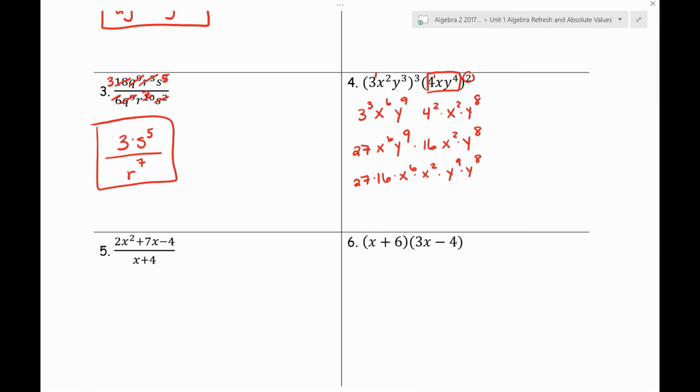Okay, so 27 times 16 gives me 432, I believe. And x to the 6th times x squared gives me x to the 8th power. While 9 plus 8 will give me 17, so that's y to the 17th power. And that's it.